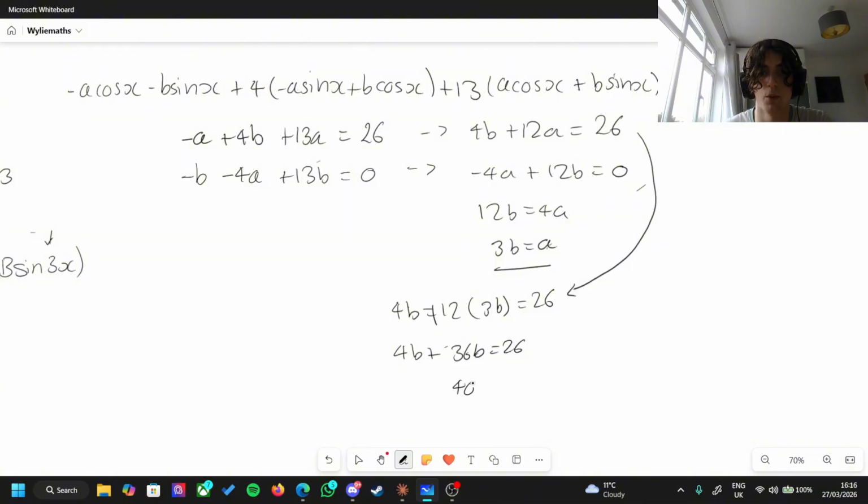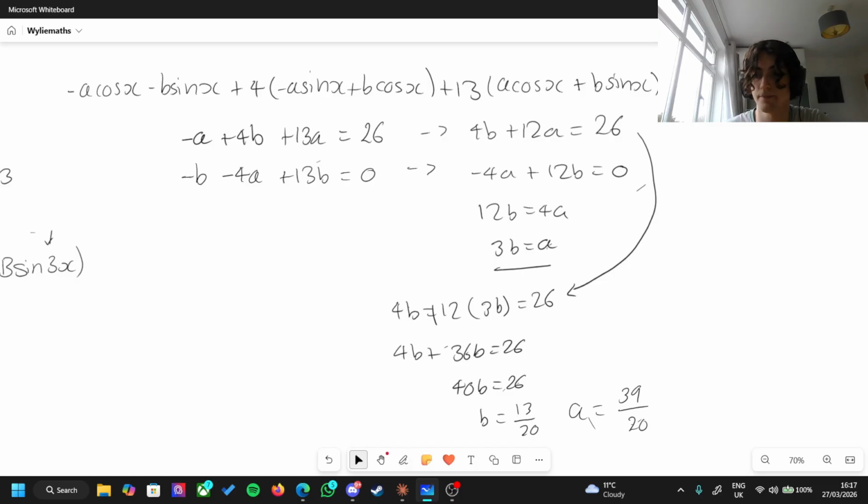That gives us 40b is equal to 26, which will give us a fractional result of b equals 13 over 20. Thus, a is equal to 3 times b. So a is equal to 39 over 20. So not very nice solutions, but again, you may get fractional answers, and that is just something that you will have to deal with.